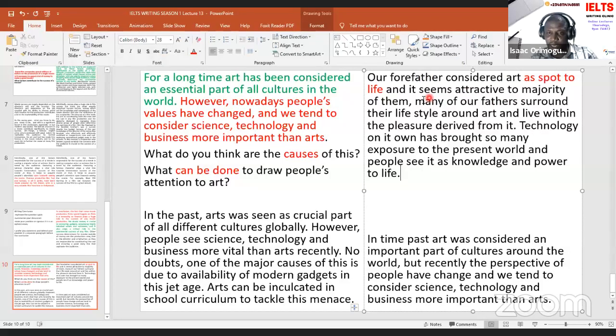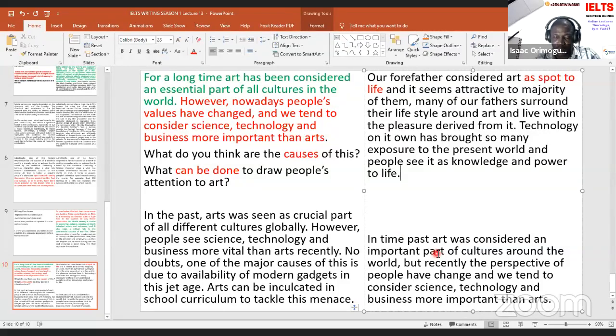But what you were saying here, many of our forefathers surrendered their lifestyle around art and lived within the pleasure derived from it. Technology on its own has brought so many exposures to the present world. Now you are transiting into maybe your discussion point without a reference to the current trend.